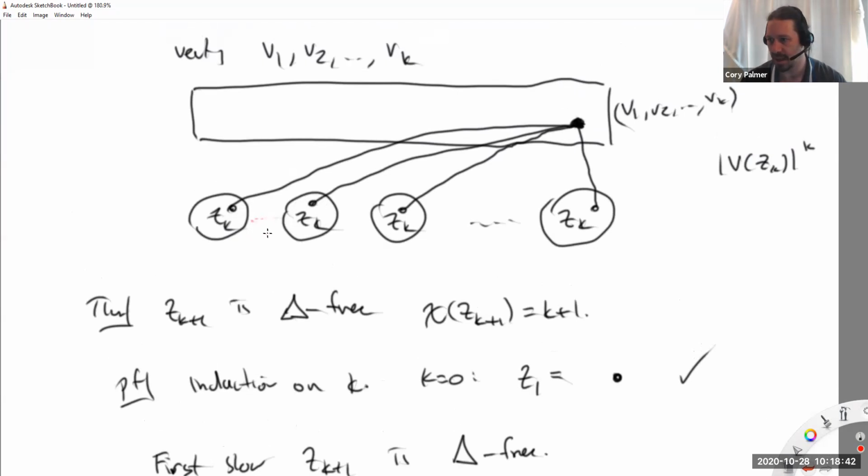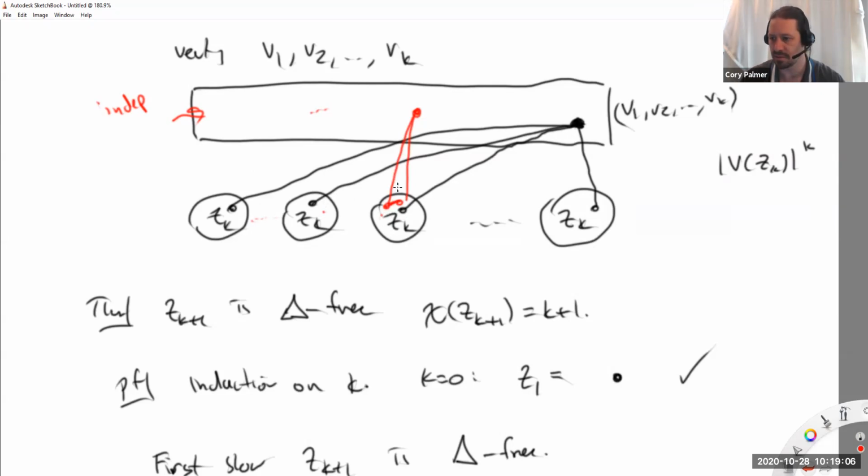I didn't say anything about that. And there are no edges up here either. This big set up here is independent. So a triangle can only look like a single vertex from up here and then two vertices from down below. But those two vertices can't be in different classes. They've got to be in the same class.